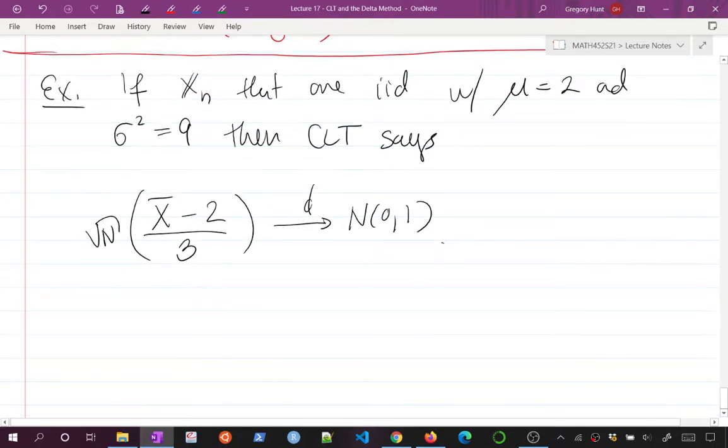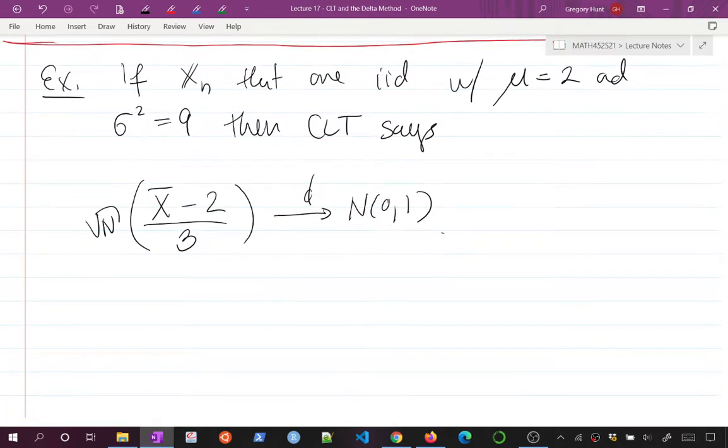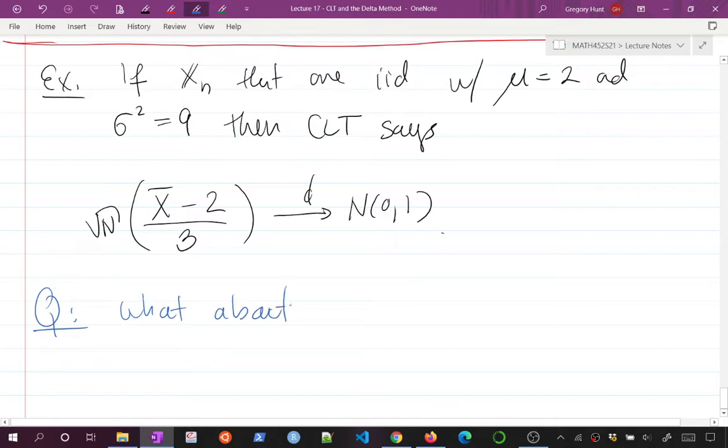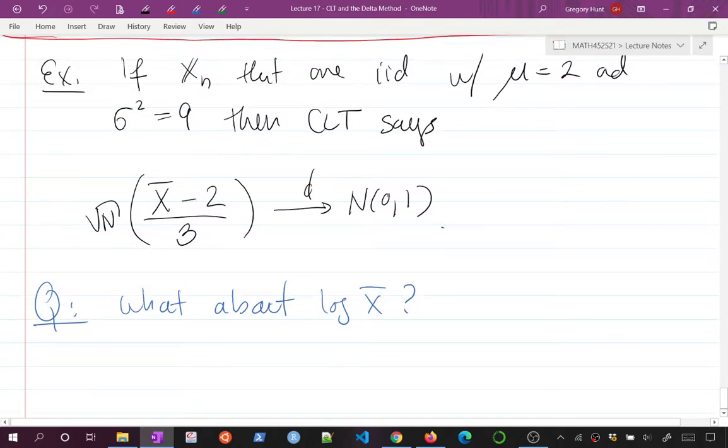A follow-up question, which we do a lot in this course, is what if I don't care about X bar, but what if I care about a function of X bar? Maybe what if I care about, I don't know, log of X bar? Can I say anything about the distribution of a function of X bar?